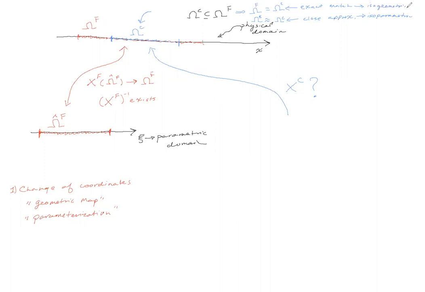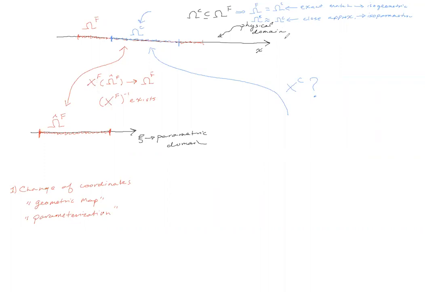So in that case, would your xf be the same as your xc as well? Yeah, that's a nuance that I didn't put up here, but it's important. In isogeometric, what we've said here is just that the actual representation of the geometry is equivalent. That's pretty strong, but even stronger is to say that not only are they equivalent, but that they actually have the exact same change of coordinates function that defines them.